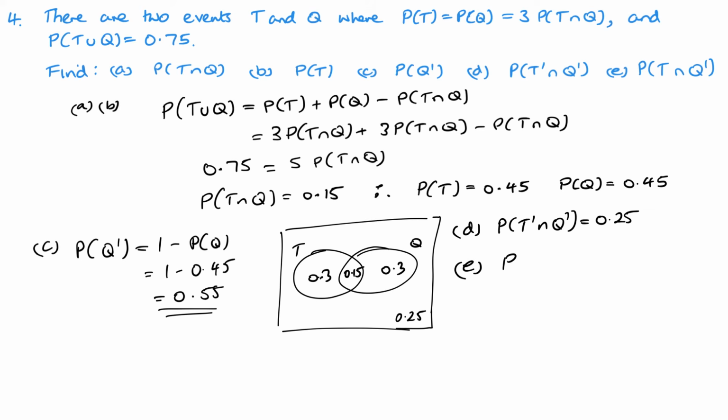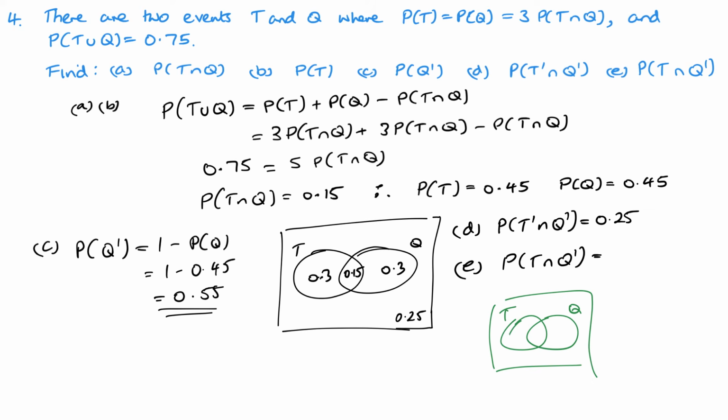E, we've got probability of T intersection not Q. And remember now, if you get to one that's a bit funny and you're not quite sure, quick Venn diagram, don't need to put any values on. Remember, probability of T not Q now is outside of Q, isn't it? And remember, the direction is the opposite direction when we're doing these.